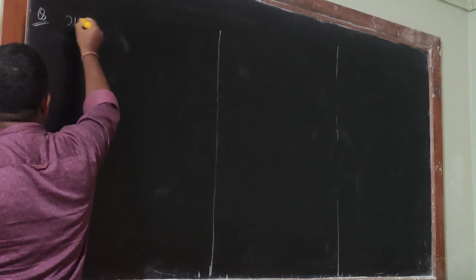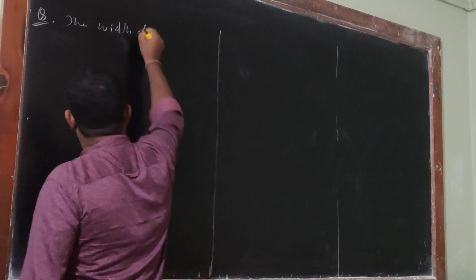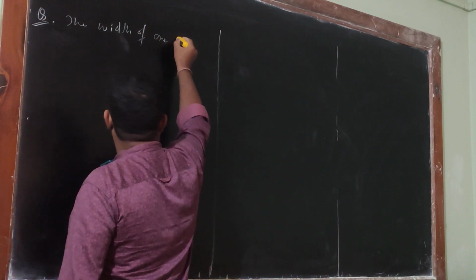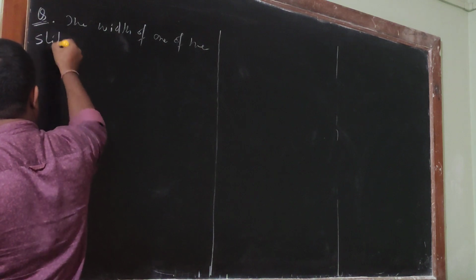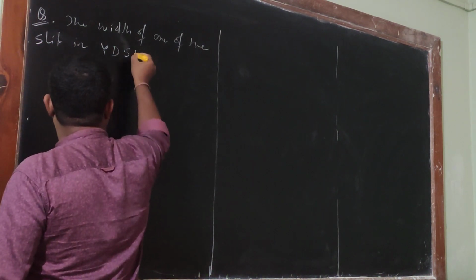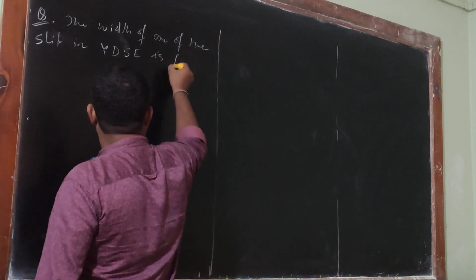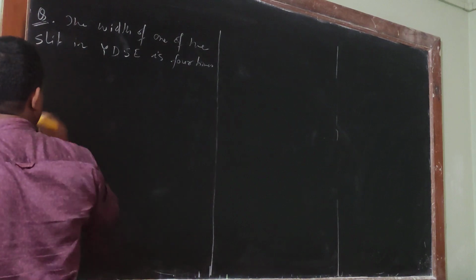Suppose the width of one of the slits in Young's double slit experiment is 4 times the other.